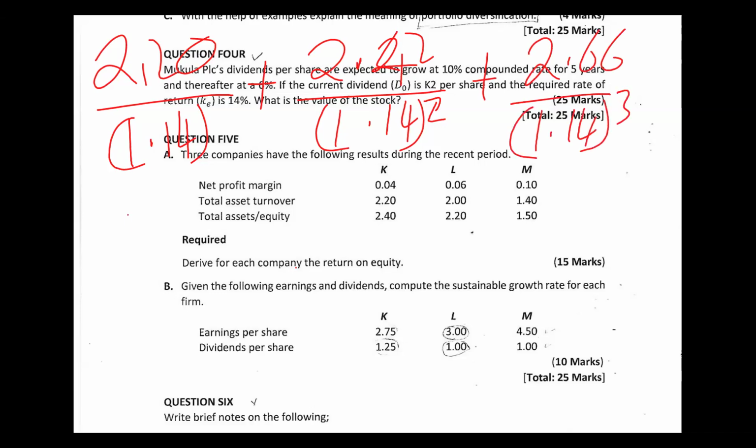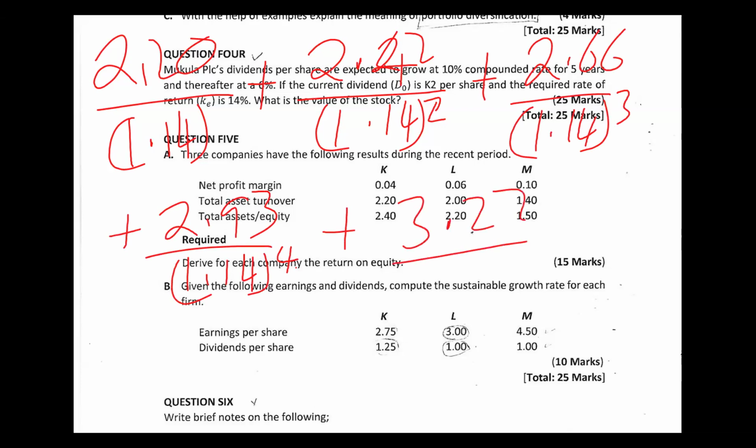In the fourth year, 2.93 at 1.14 in the fourth year, plus 3.22 divided by 1.14 to the power 5.